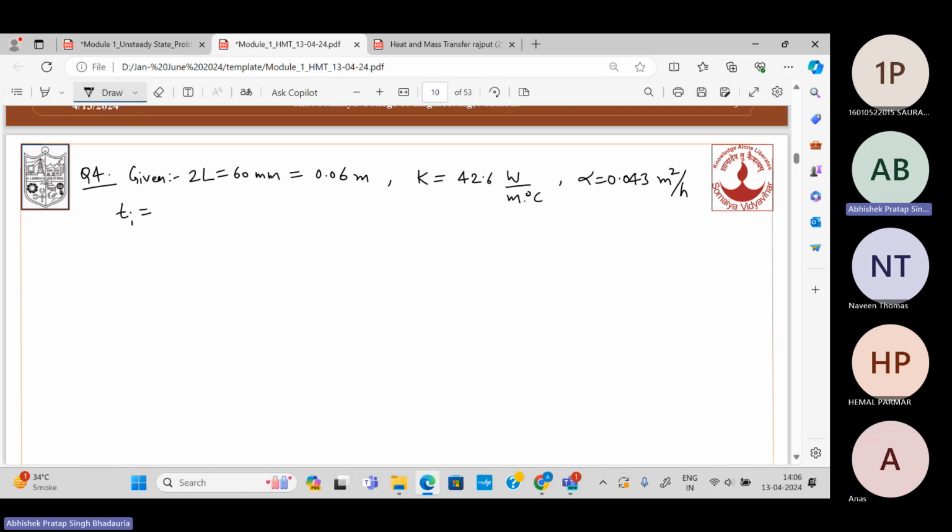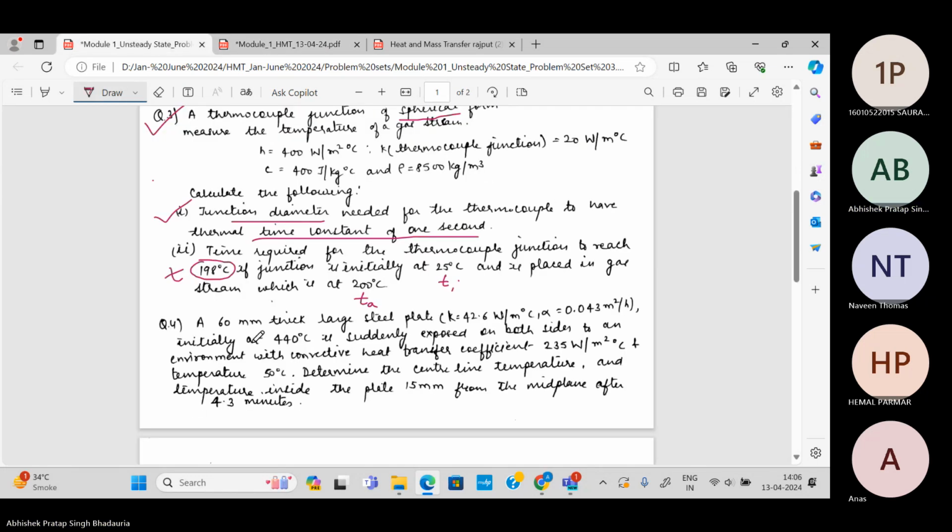Now, what about initial temperature? Suddenly exposed on both sides to an environment with convective heat transfer coefficient. The h value is given, and this is the T value. These are the values given.